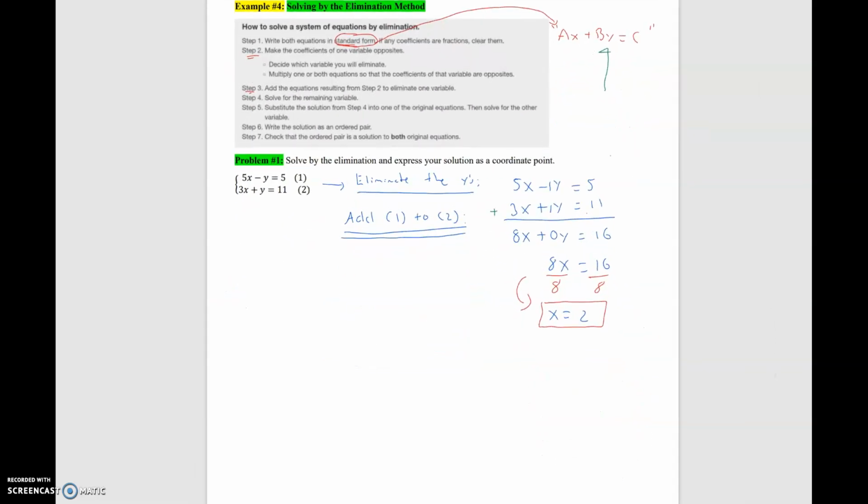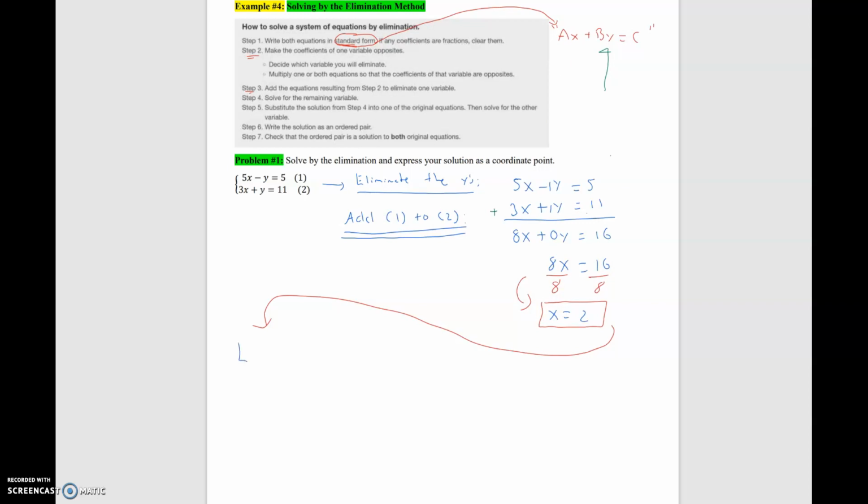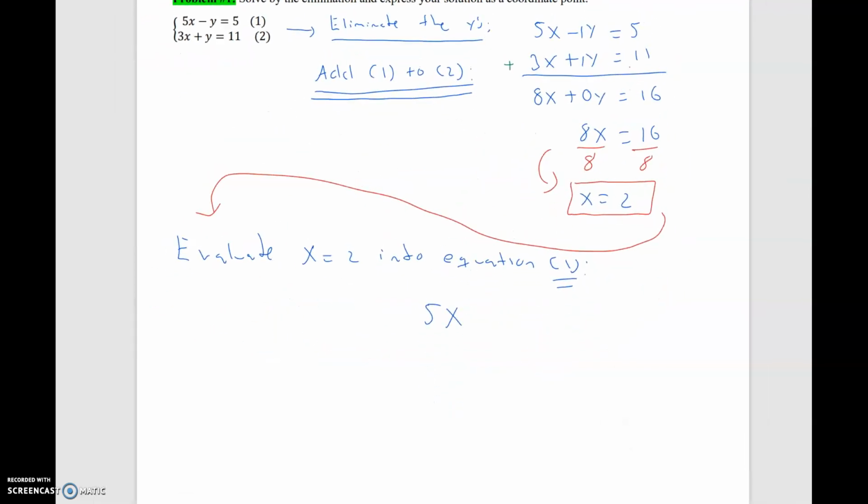Once you solve for one variable, then you're just plugging it into any of the other equations. So here you could evaluate x is equal to 2. And it's easier to plug it into equation 1. Equation 1 reads 5x minus y is equal to the value of 5.